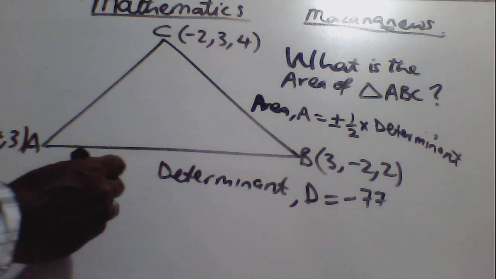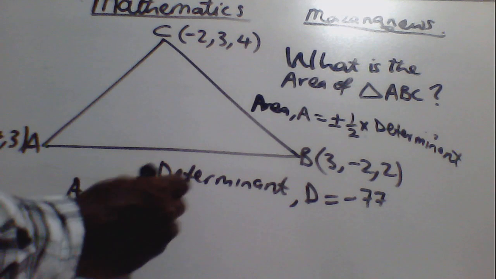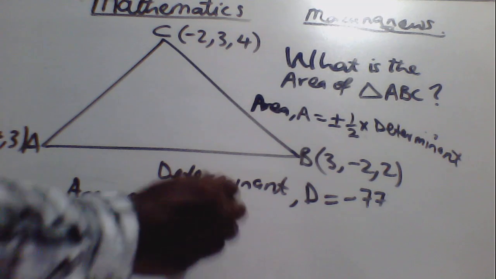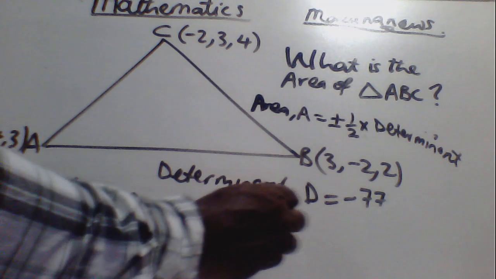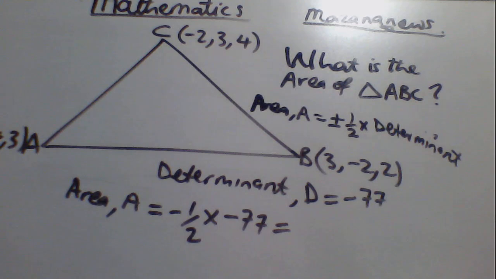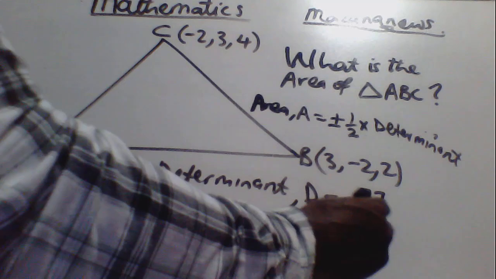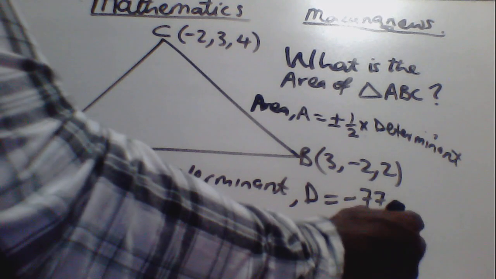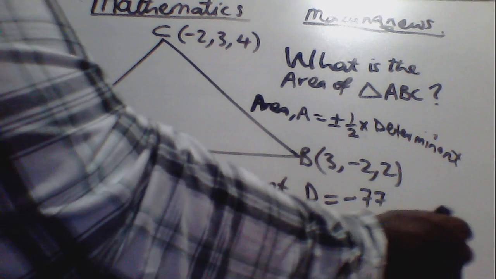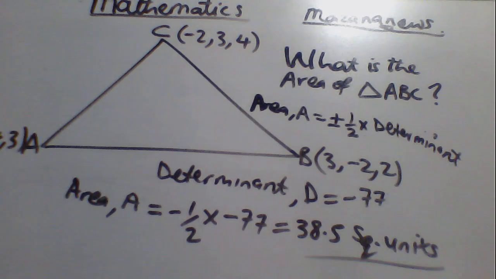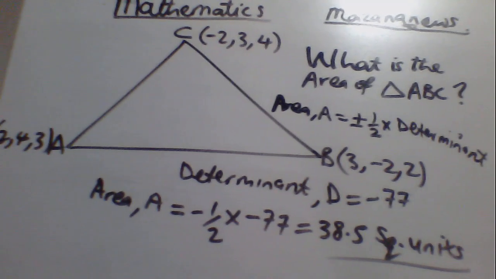So the area A is equal to, because this is minus, minus half times minus 77, because area cannot be negative. And that gives us 38.5 square units. So that is the area of the given triangle.